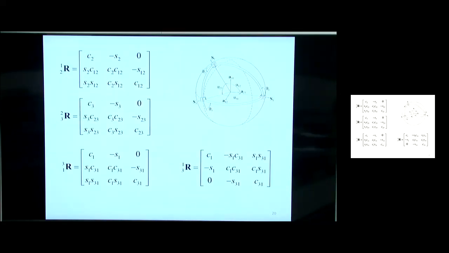So I know the rotation relationship between 2 to 1, because remember on the 3D mechanism we said 2 is aligned with 1, we translated along the x by A12, and then we rotated alpha 12 about the x, and then we translated S2 along the z and rotated theta 2.